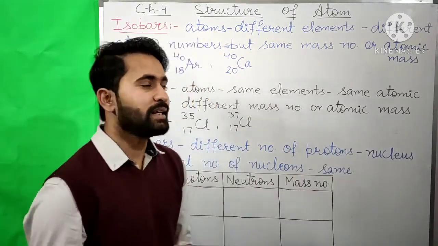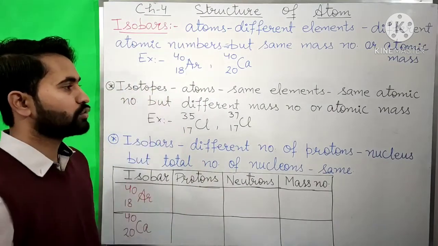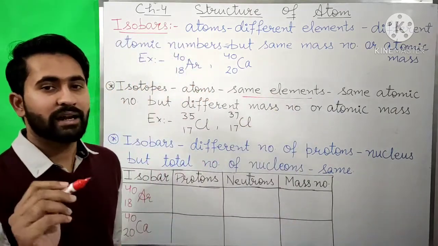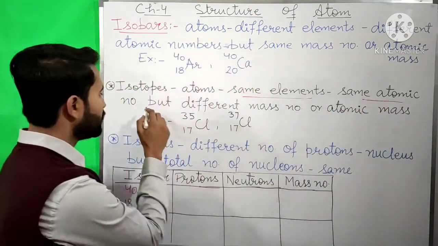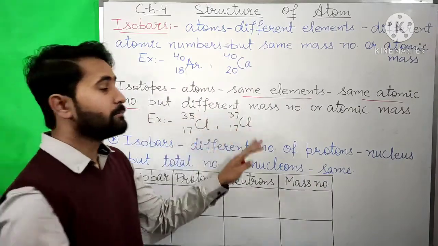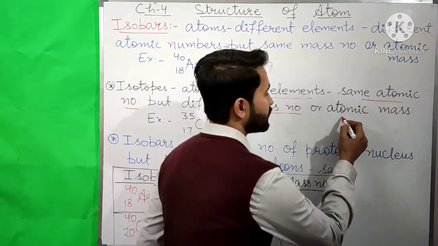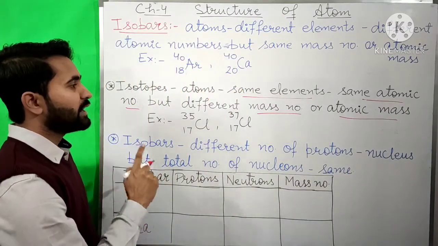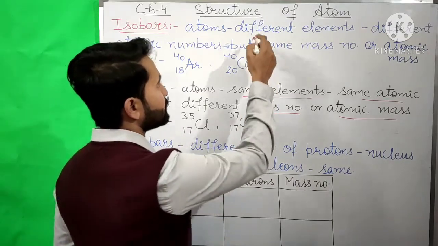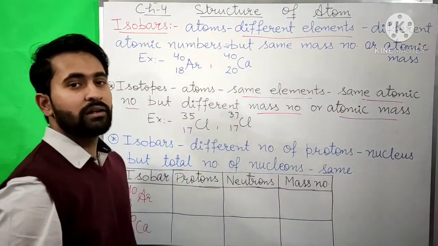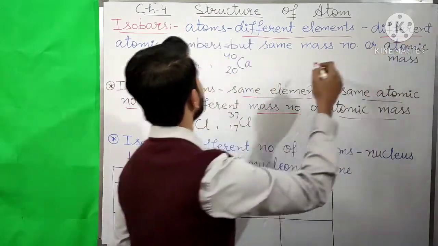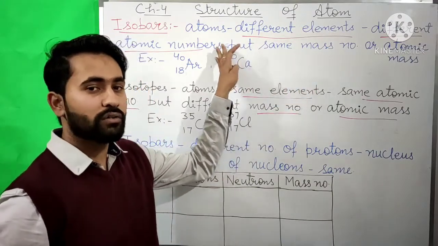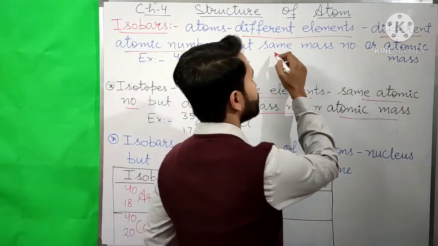Their mass number is different. Whereas in the case of isobars, they are the atoms of different elements which have different atomic numbers, but the mass number is the same.